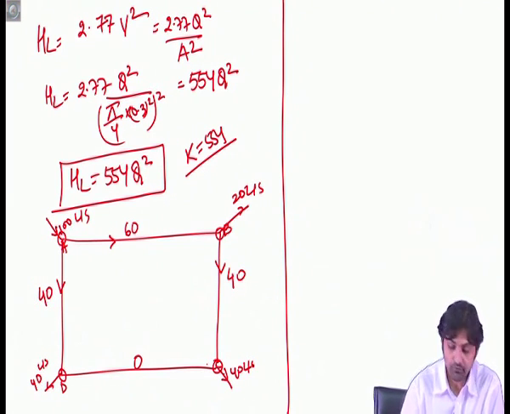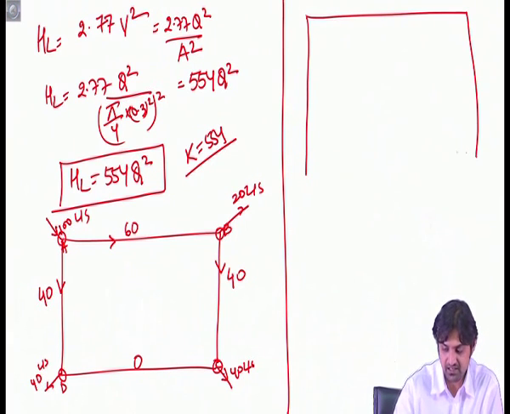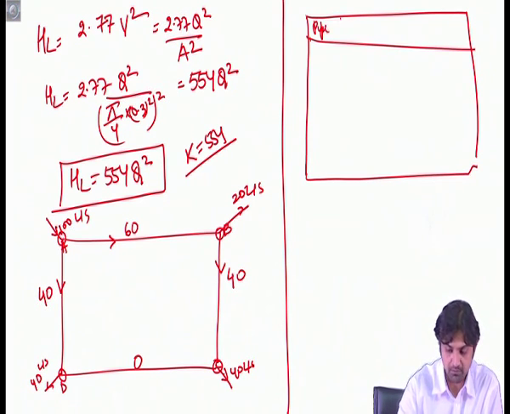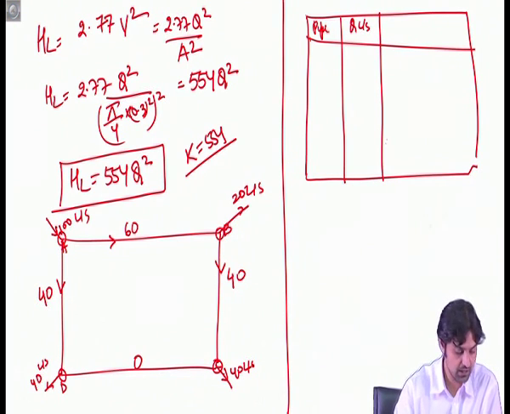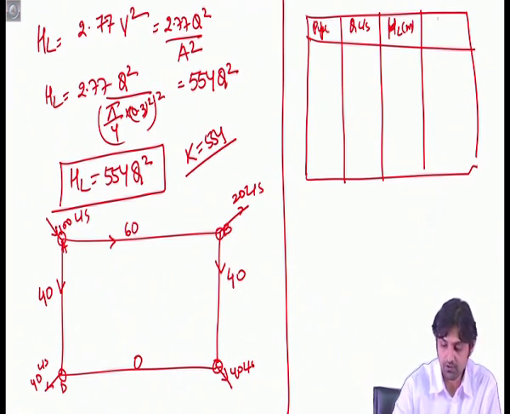As I said, first make a table like this, and we write pipe name here, we write Q in liters per second, we also write head loss in meters, and we also find HL by Q. These are the 4 things.